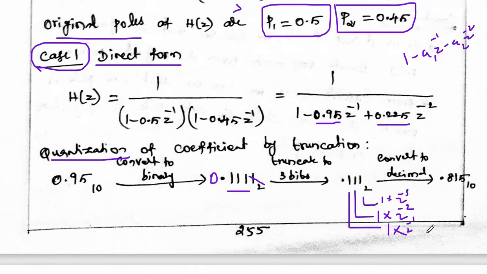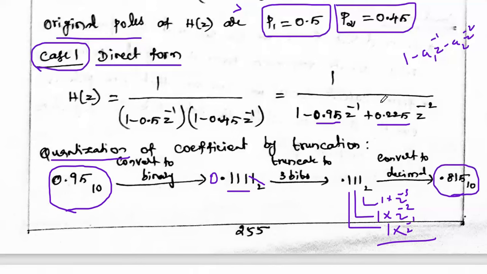You find each answer and add them all, and you get the corresponding decimal value 0.875. So the decimal value 0.95, after the 3 bit quantization, is converted into 0.875.